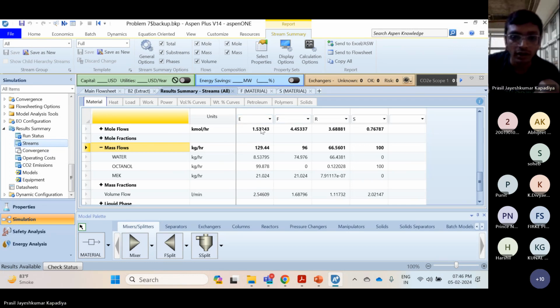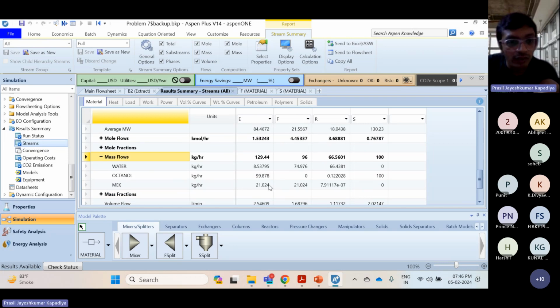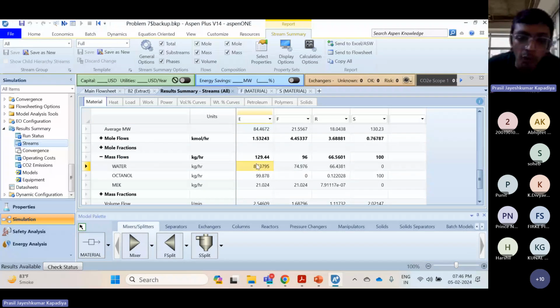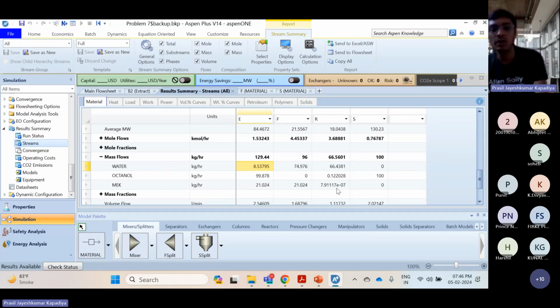Using solvent S, we are getting out of the C in feed, 21 kg per hour MEK, and we are getting 100% MEK in the extract phase, that is 21.024 kg per hour. We are getting some amount of water that we will always get. And in the raffinate phase, we are getting the majority of water, 66. A few amount of solvent will be there and a very negligible amount of MEK.